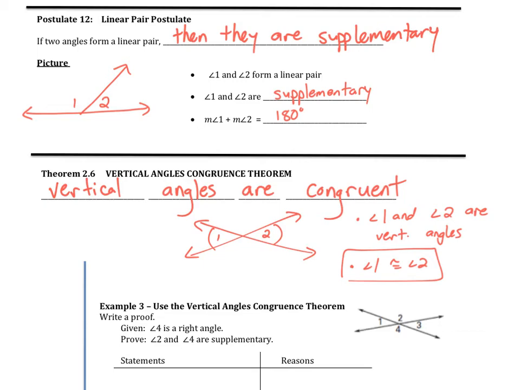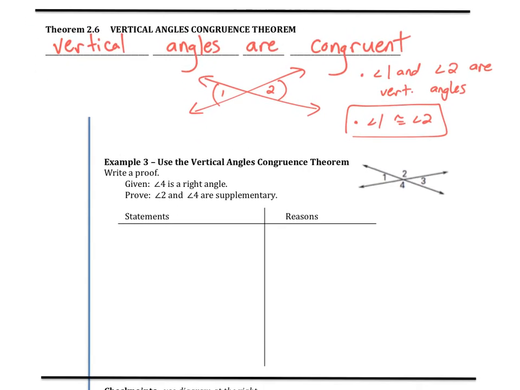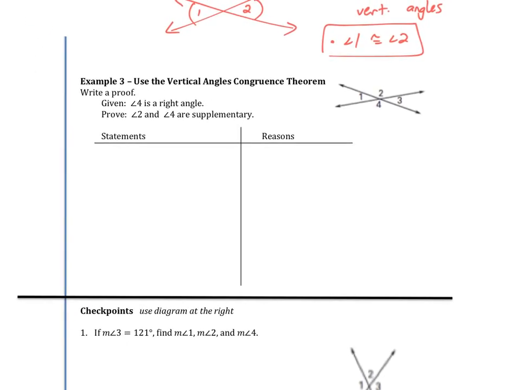Okay, and then we have another proof below this. So use the vertical angles congruence theorem. We're going to write a proof. We are given that angle 4 is a right angle, and that is given. So we know angle 4 is a right angle. We're trying to prove that angle 2 and angle 4 are supplementary.